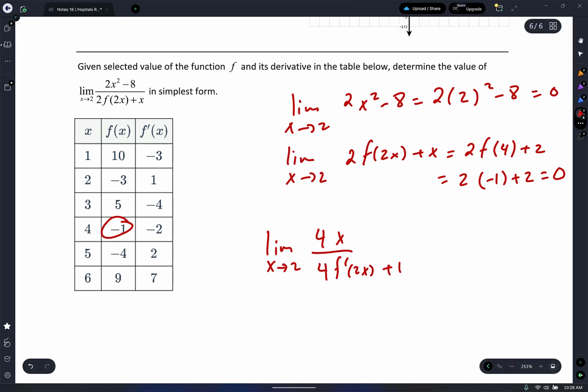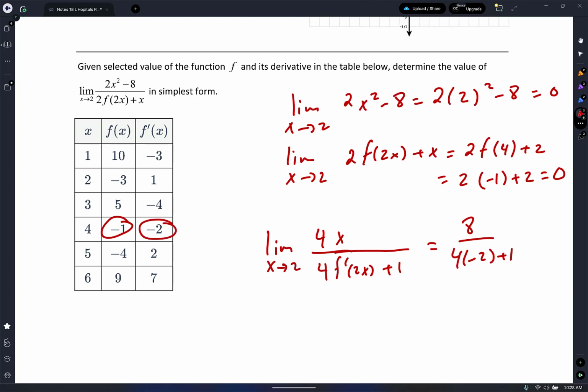I was about to get that one wrong. Okay, here we go. I'm going to plug in the value 2. 4 times 2 is 8. And then f prime of 4, because I'm plugging in a 2, so f prime of 4 is, so 4 times negative 2 plus 1. So my final answer, 8 over negative 8 plus 1, negative 7. So negative 8 sevenths. I guess we don't have to redo it like that. And there it is. How do we feel?